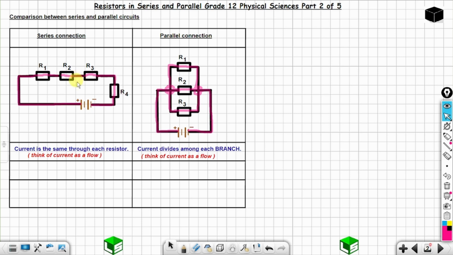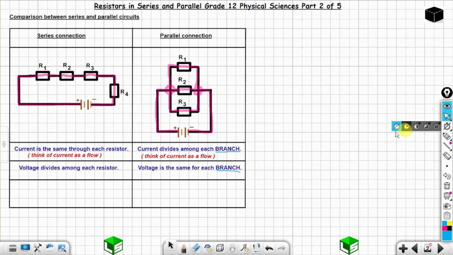Now let's compare the voltage. When the current is the same for a series connection, the voltage is going to divide, the opposite. So voltage divides among each resistor. And for a parallel connection, the current divides and the voltage is the same for each branch.